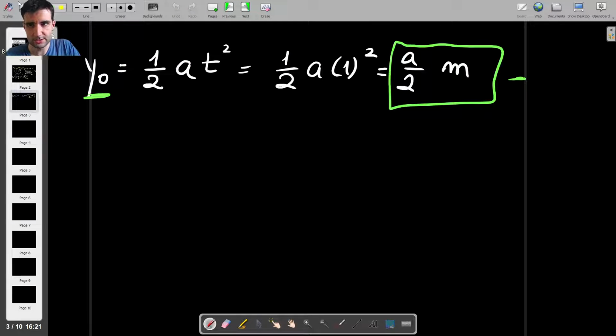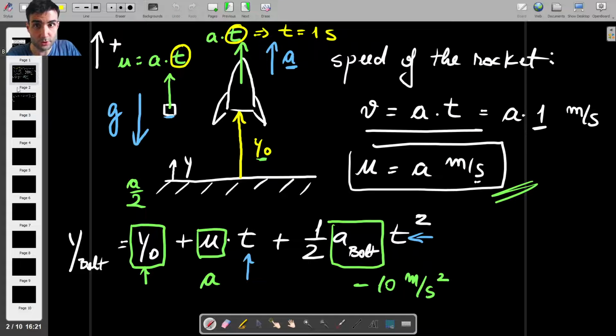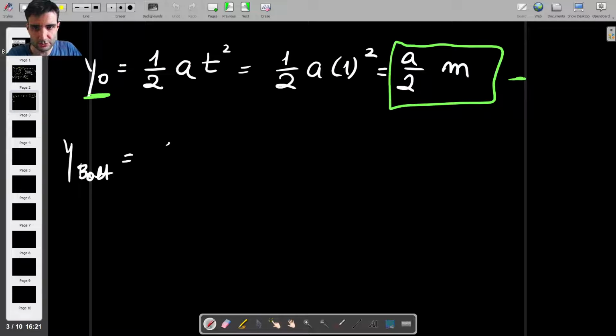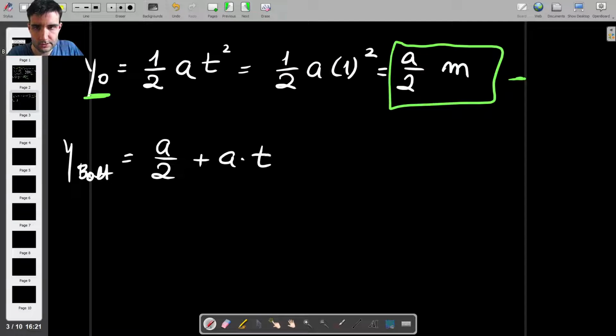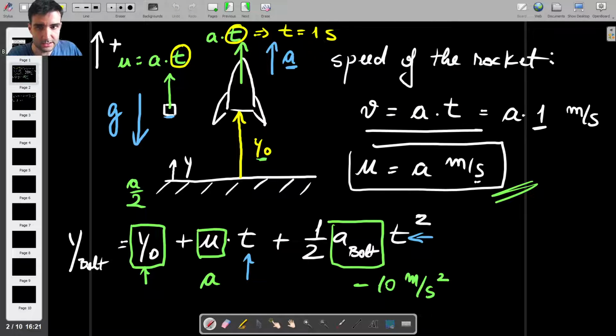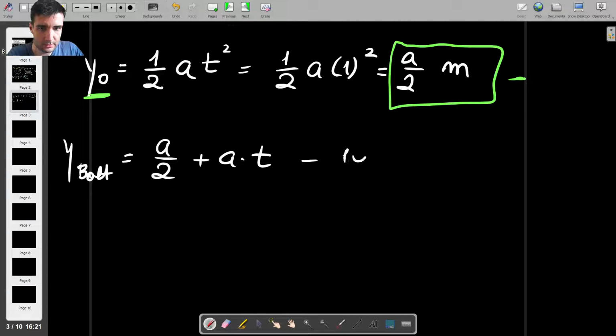So let's write this again, considering everything we know so far. The y coordinate of the bolt is equal to y0, which is a over 2, plus a times t, and then minus 10 over 2 t squared.